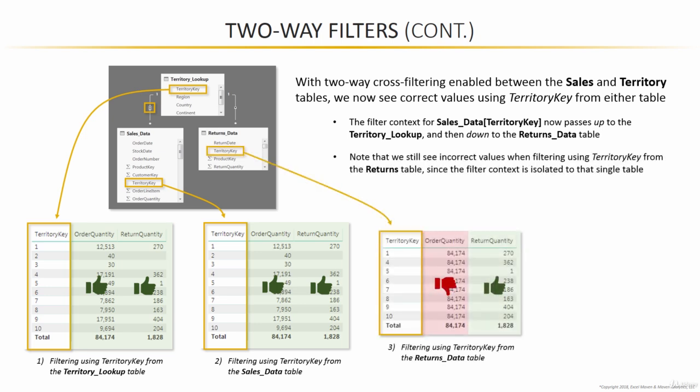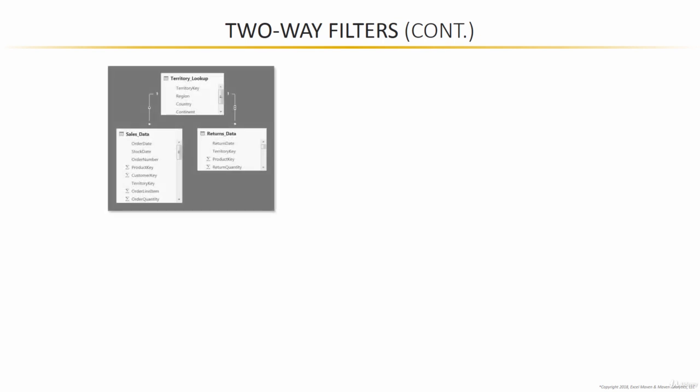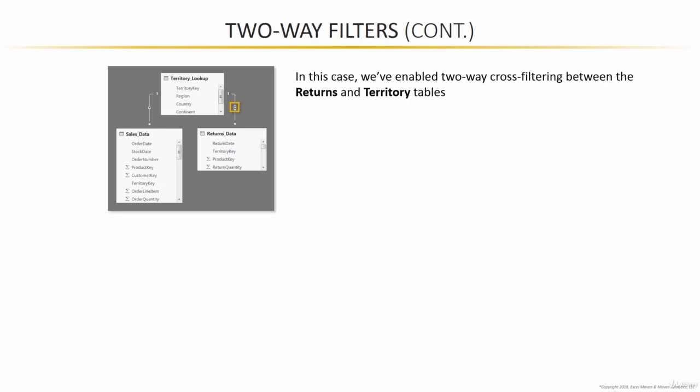Now, as you'd expect, if we pull in territory key from returns, same story as before, that filter context is trapped in the returns data table because we've got that one-way relationship between territory and returns. So let's keep this idea going a little bit and consider a similar model with one difference, which is the bidirectional or cross filter now exists on the relationship between territory and returns instead of sales.